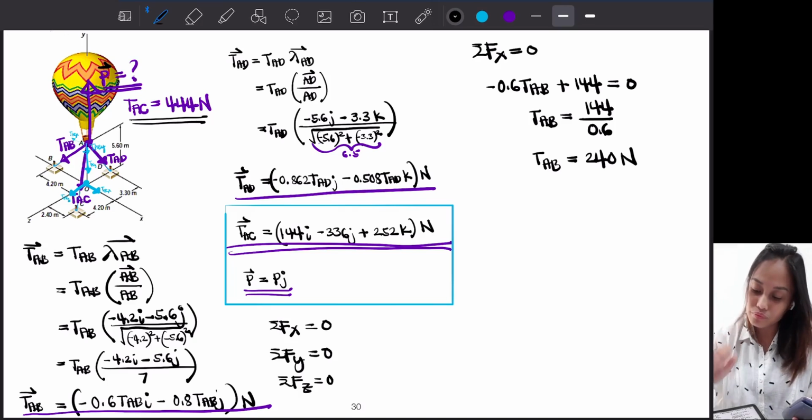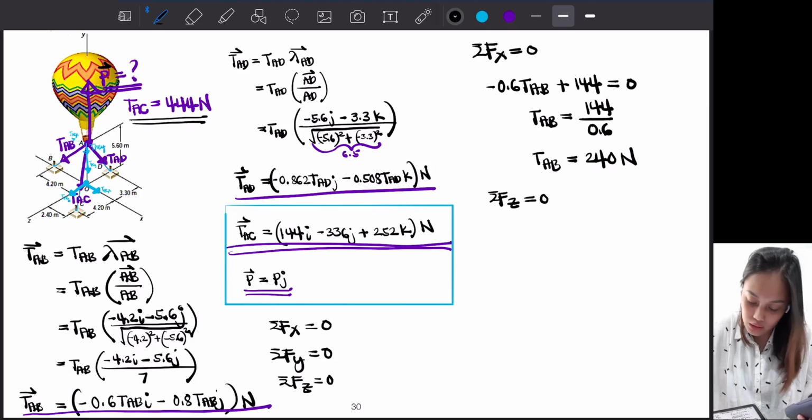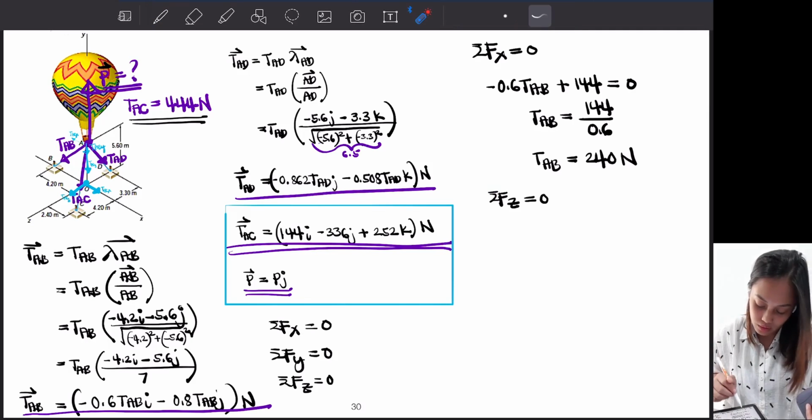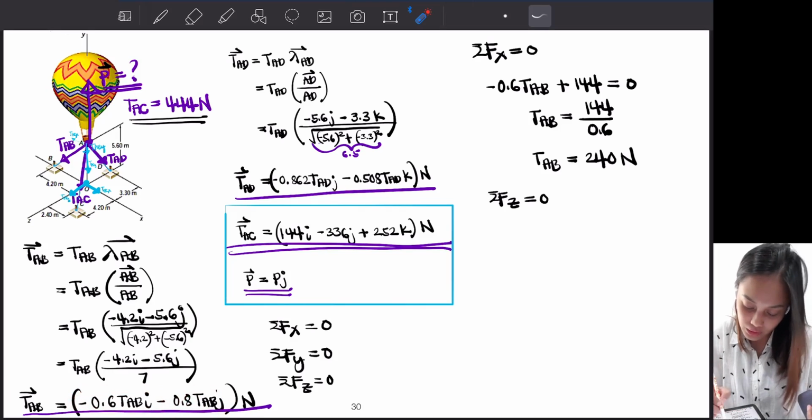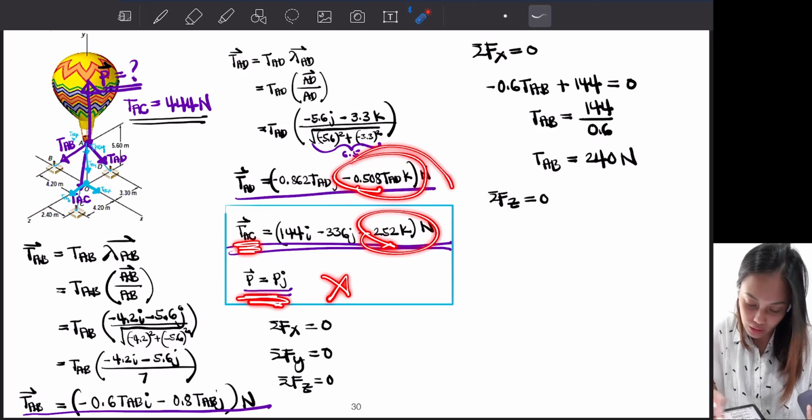Sunod. Summation of forces along z-axis equal to 0. So, tanan force along z. Sa TAB, x o y ra. So, wala z. Sa TAD, na siya z. Sa TAC, na siya z. Sa P, wala. So, kanira doha itong i-add.